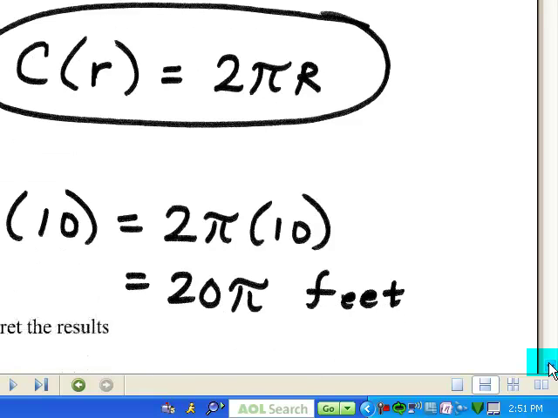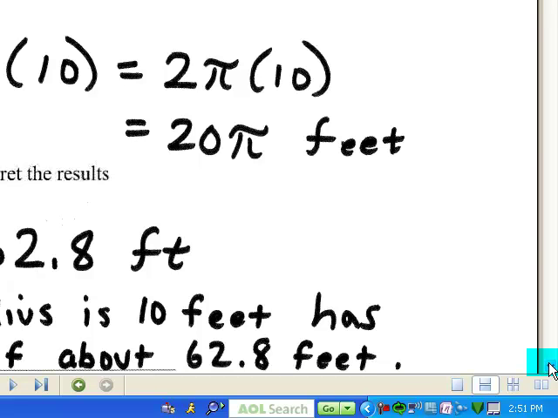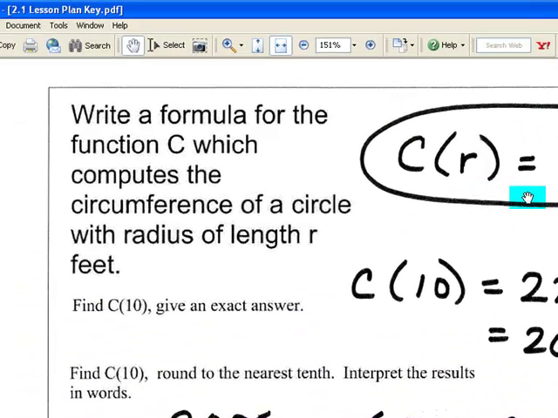Suppose you're asked to write a formula for the function C, which computes the circumference of a circle, and the circle has a radius of length r. Now, from past lessons, you know the formula for circumference. C is equal to 2 pi r.